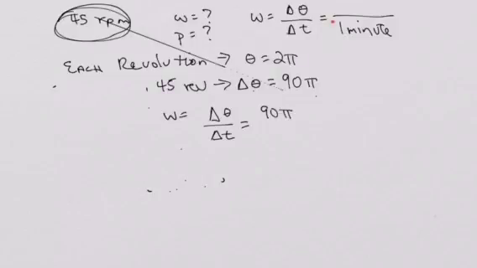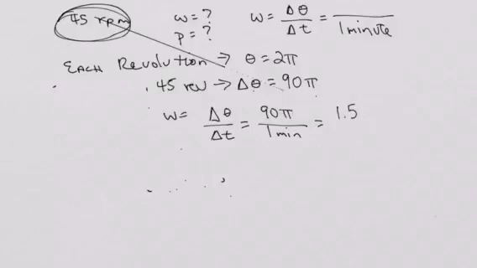And we said that it took a minute to do that. Well, that's not really in the spirit of the units we're working in, because we really want radians per second. So to go from radians per minute to radians per second, we have to divide by 60.